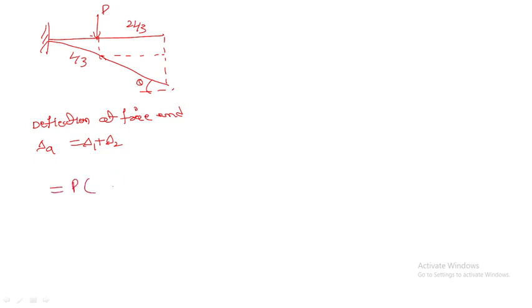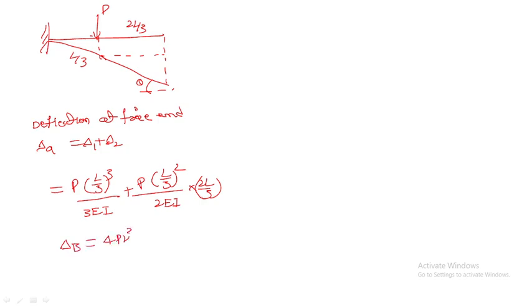P into L by 3 whole cube divided by 3 EI plus P into L by 3 whole square divided by 2 EI into 2L by 3. So the delta A is equal to 4 PL cube divided by 81 EI.